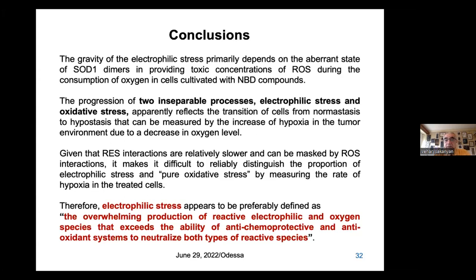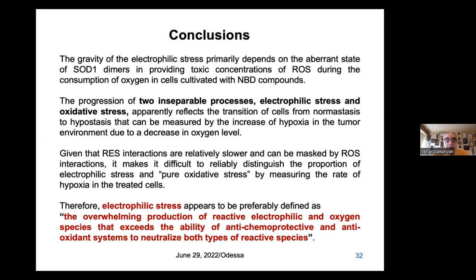This is the electrophilic stress and oxidative stress, which apparently reflect the transition of cells from normal state to hypoxia. Hypoxia, because cancer is usually related with such oxidative stress, because of the increase of hypoxia in the tumor environment.